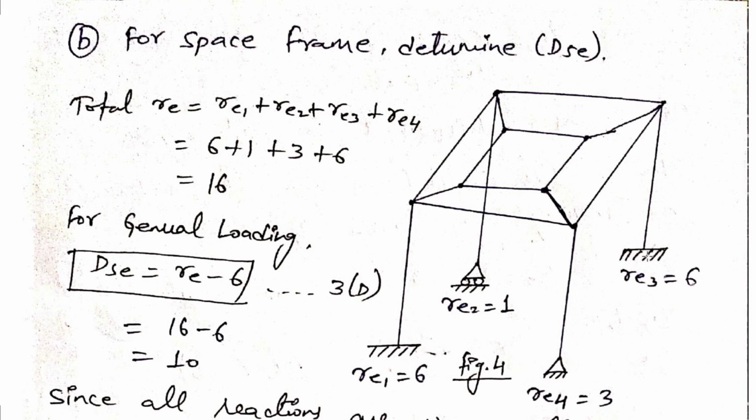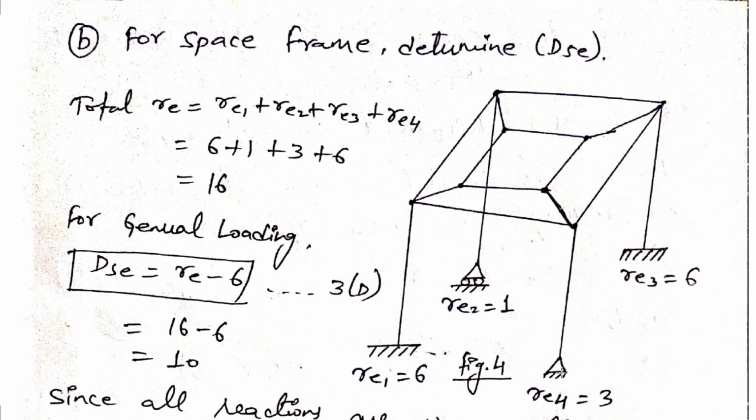Since this is a space frame, we know that at a fixed support the Re value is 6. So you can remember that for a space frame, the fixed support has 6 reactions. For the roller support it is 1 only. Again for the fixed support it is 6.